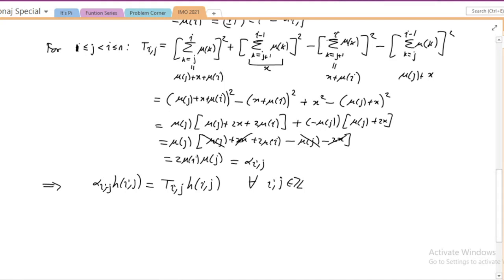So we're going to use, instead of taking the sum over alphas, we'll take it over the t. So this means looking at this sum over i, j in Z. So this is the original sum. I want to show this is non-negative. So this is the same as the sum over i, j of t_ij.